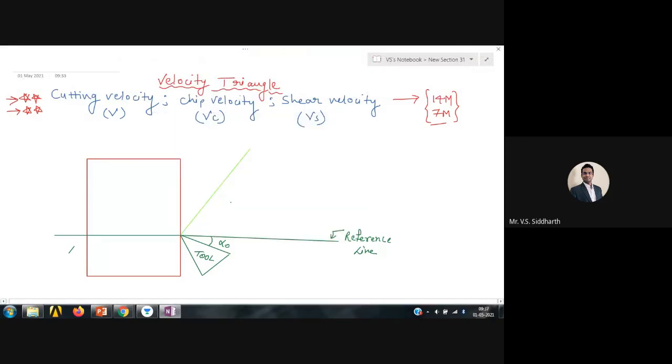Is it visible or shall I change the color? This is the shear plane, which we represent by phi. This phi is the shear plane angle.